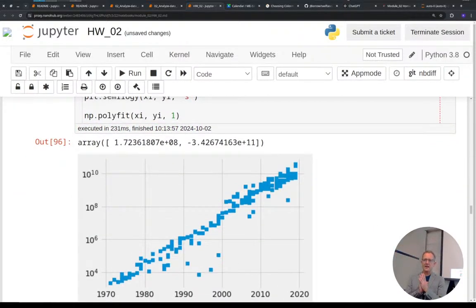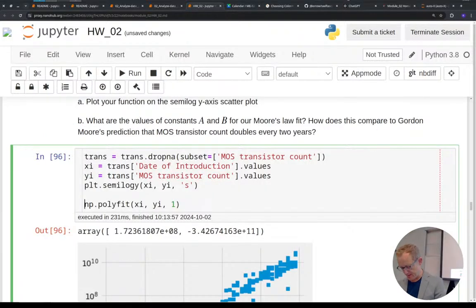So if I just take the year and the transistor count, I get a slope of 1.7 or 0.17 billion. What do we think? Is this going to be good? Is this a good fit? Call it my fit.